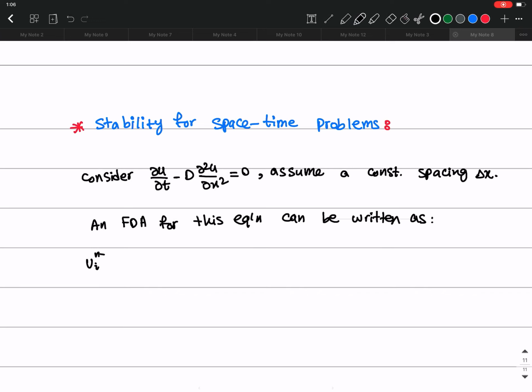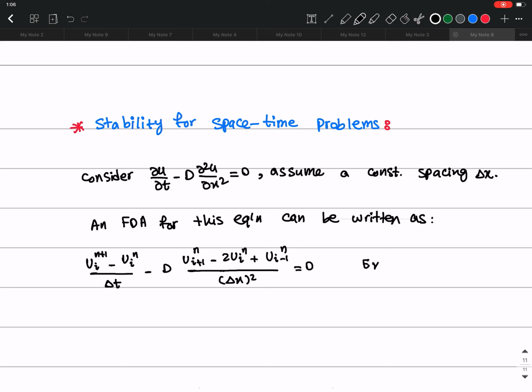(u_i^(n+1) minus u_i^n) over delta t minus d, and for the second term I'm going to use a second order center difference, (u_(i+1)^n minus 2 u_i^n plus u_(i-1)^n) over delta x square equals 0.